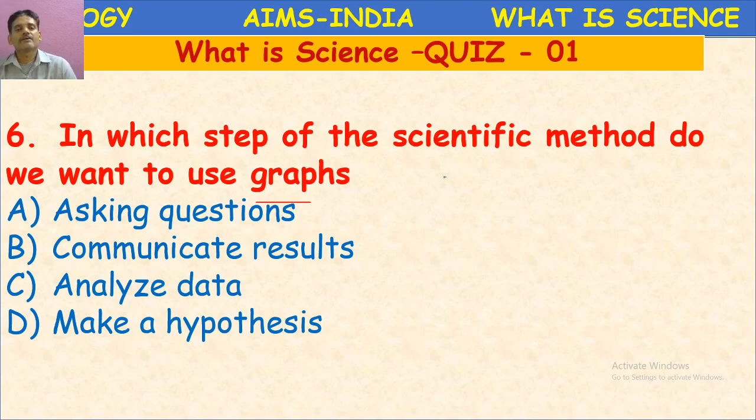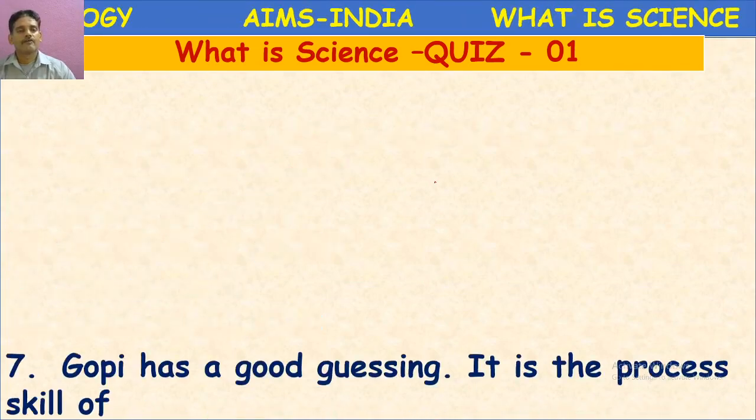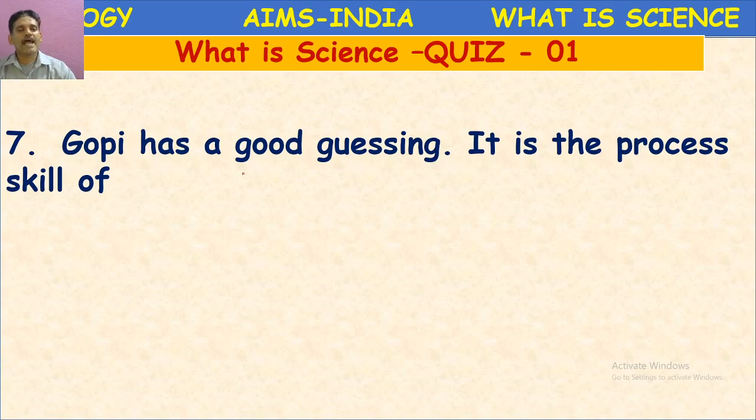So when it is done, in which step of the scientific method? Question number 6. Yes, it is during analyzing data. In order to analyze the data, how the graph is, okay, whether it is increased or it is decreased. So that is analyzing the data. We use graphs.